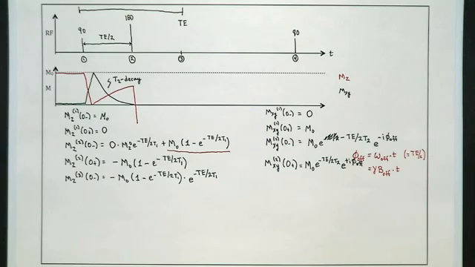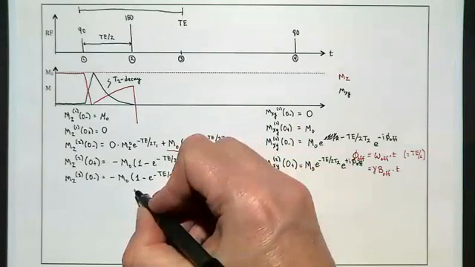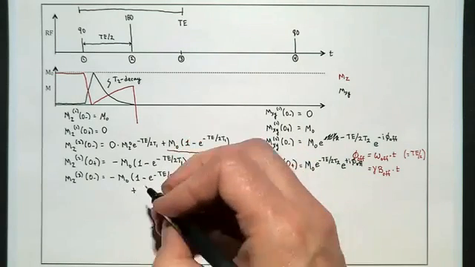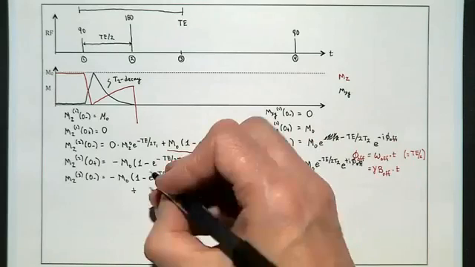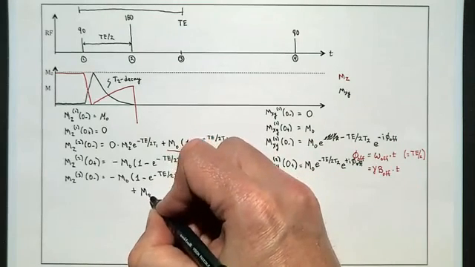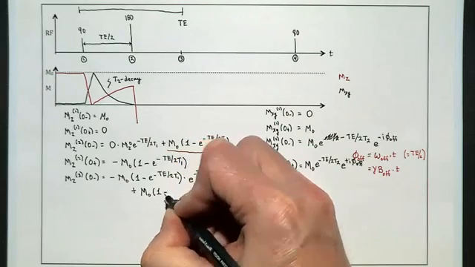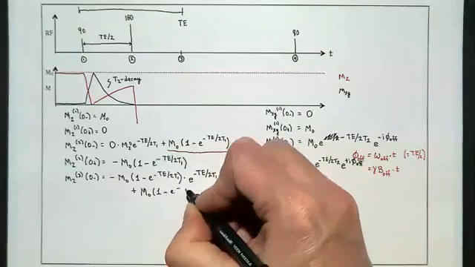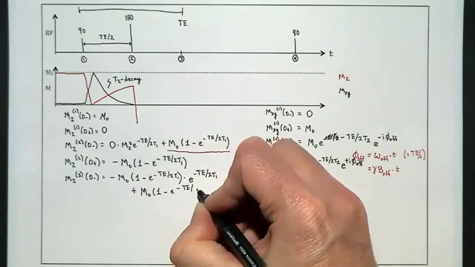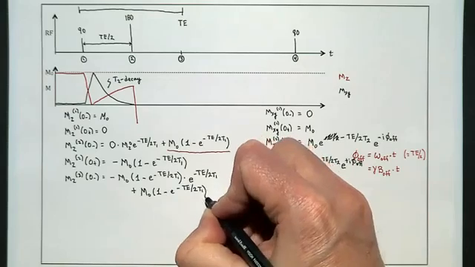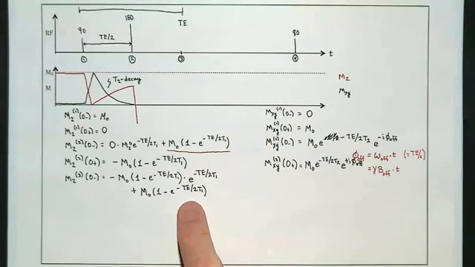We're not done. We have another term that we have to add there, and I'll put it underneath. We have to add our so-called recovery term, which just looks like M0 times (1 minus e to the minus TE by 2T1). I've only been able to recover again for a time TE by 2. And it's those terms all added up together that give me what I care about.